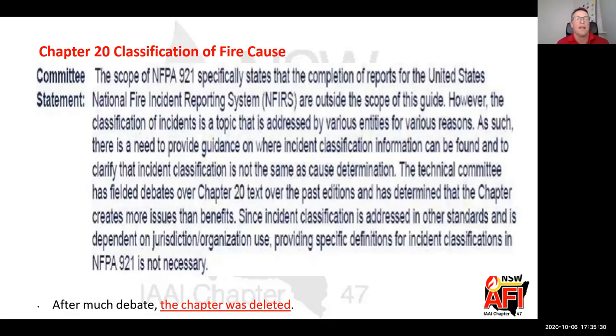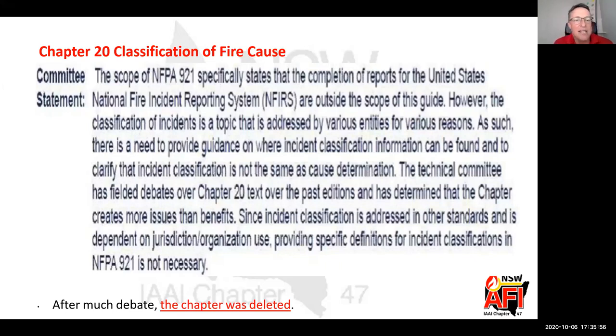And this is the committee statement. The scope of 921 specifically states that the completion of reports, such as the US National Fire Incident Reporting System, and that's the same as Australia, where it's called AIRS, the Australian Incident Reporting System, is outside the scope of this guide. However, the classification of incidents is a topic that is addressed in various entities for various reasons.